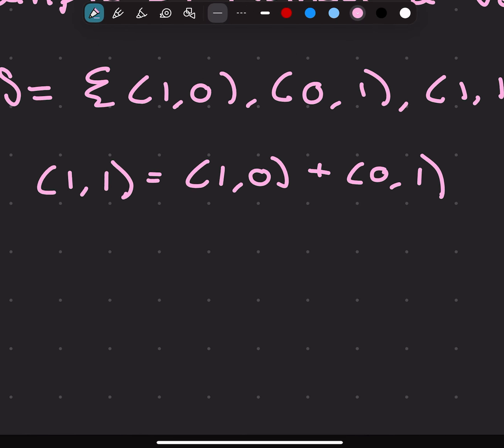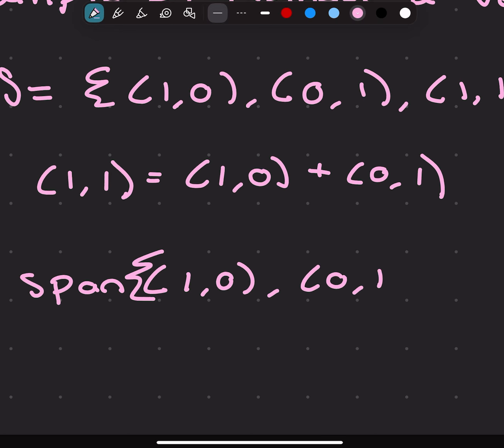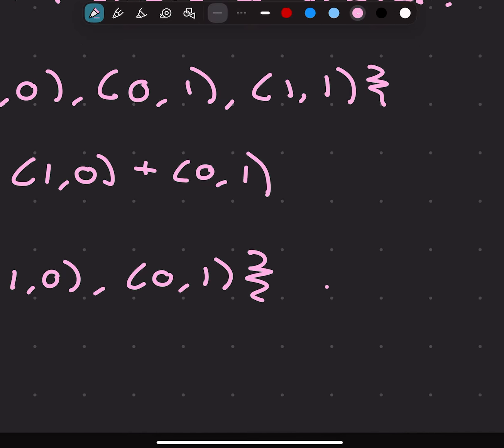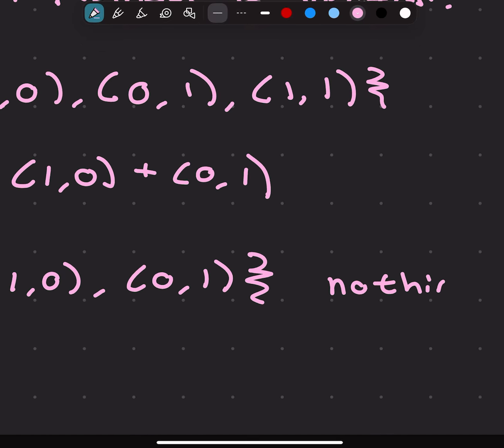We then know we can remove (1, 1) because we know that these points already tell us enough without needing (1, 1). So when we remove (1, 1), we get the span of (1, 0) and (0, 1), and we see nothing changes.